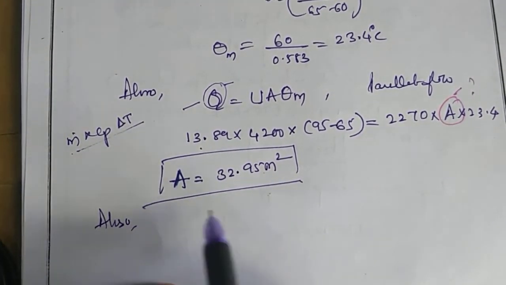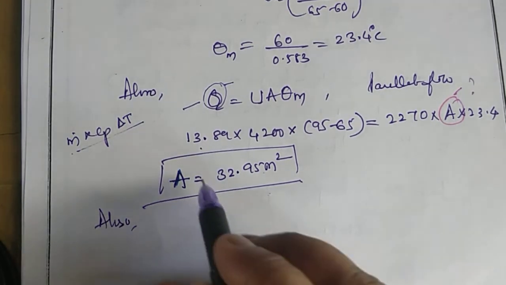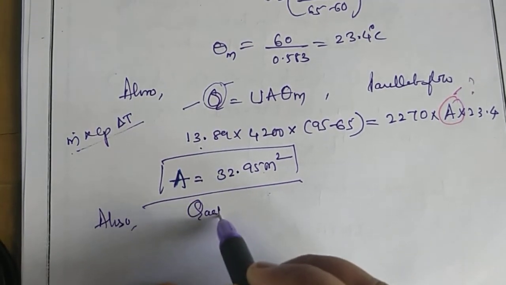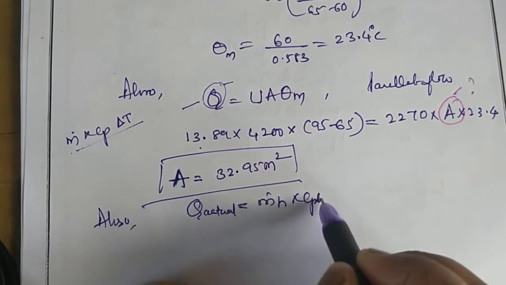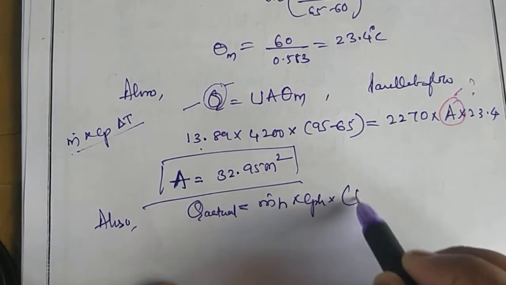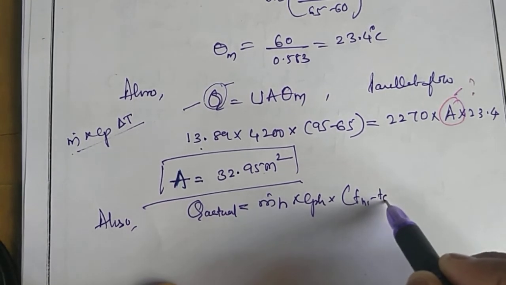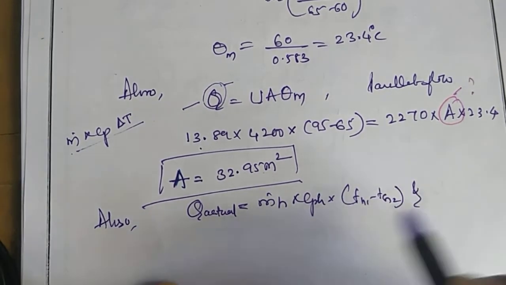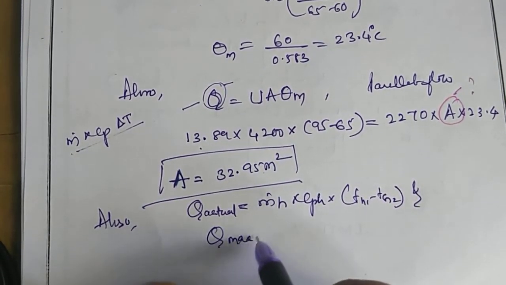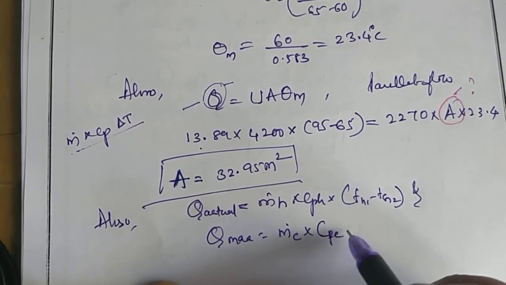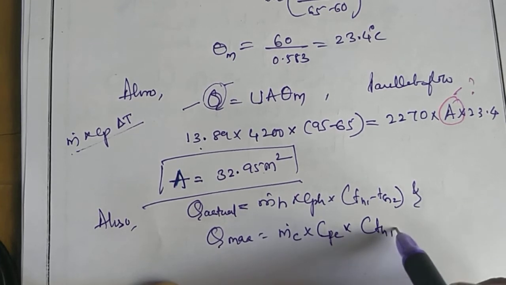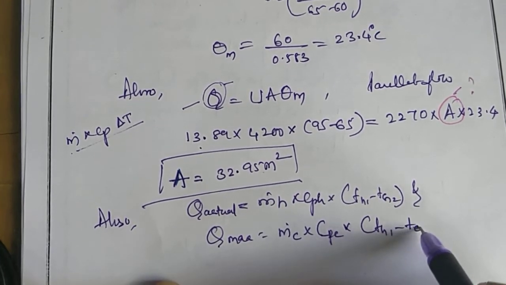The effectiveness of the heat exchanger is Q actual, which we can write as mH CpH into (TH1 minus TH2), and Q maximum, that is mC CpC into (TH1 minus TC1).